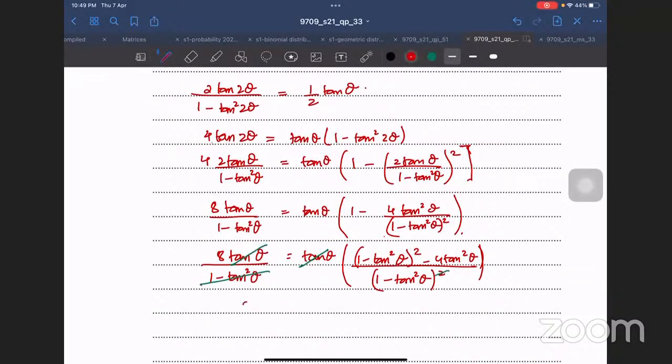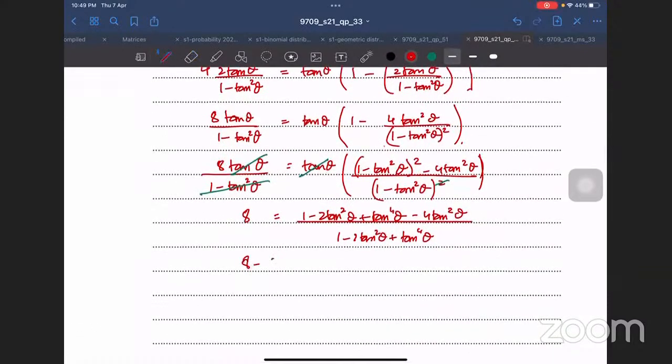Okay, that gives me 8. Now I'm going to expand the numerator: 1 minus 2 tan square theta plus tan power 4 theta minus 4 tan square theta. And I have this in the denominator: 1 minus 2 tan square theta plus tan 4 theta.